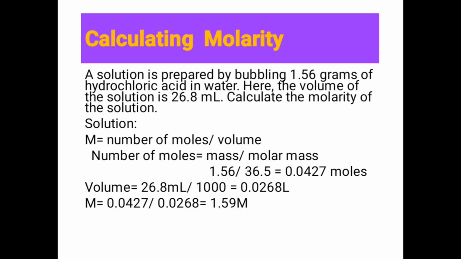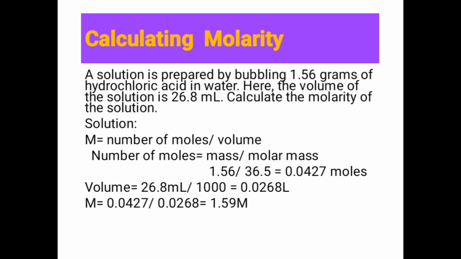That means 1 liter is equivalent to 1000 ml. So to convert that ml to liters, you are going to do 26.8 divided by 1000, and that will be 0.0268 liter.